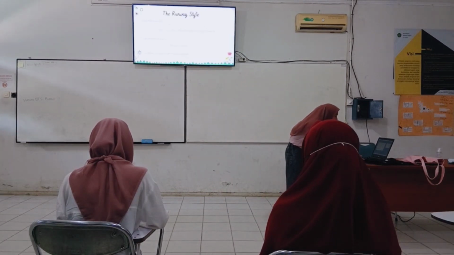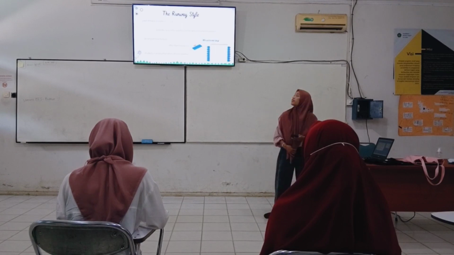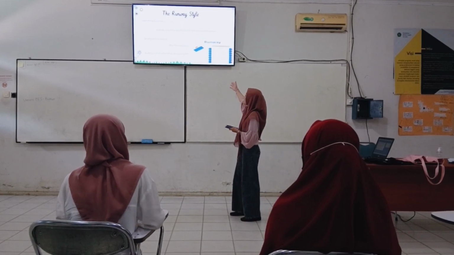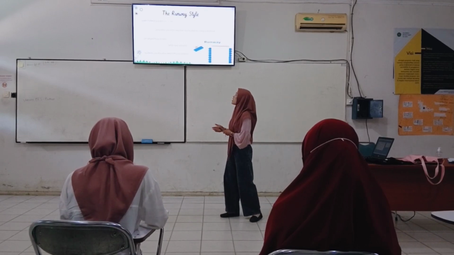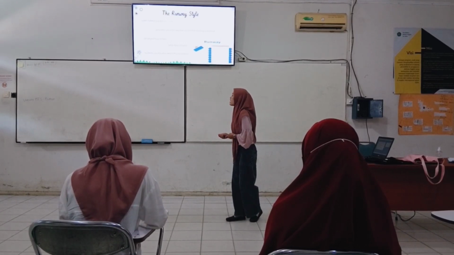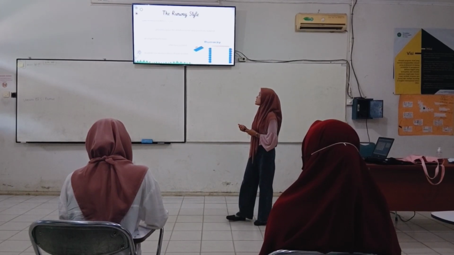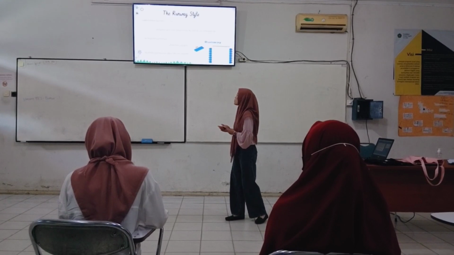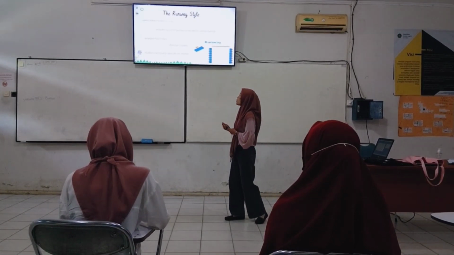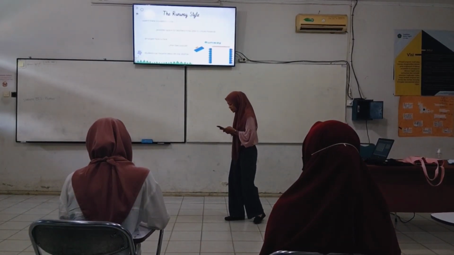Okay, next style is the runway style. The runway style is like this. This is the example of runway style. The runway style is used if there is a debate class. It provides space for teachers to be able to convey material, arranged face to face, often visually, and students can bounce ideas off one another.